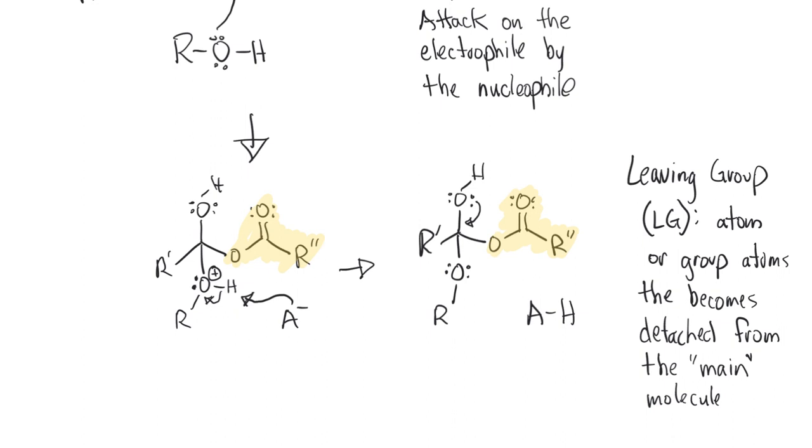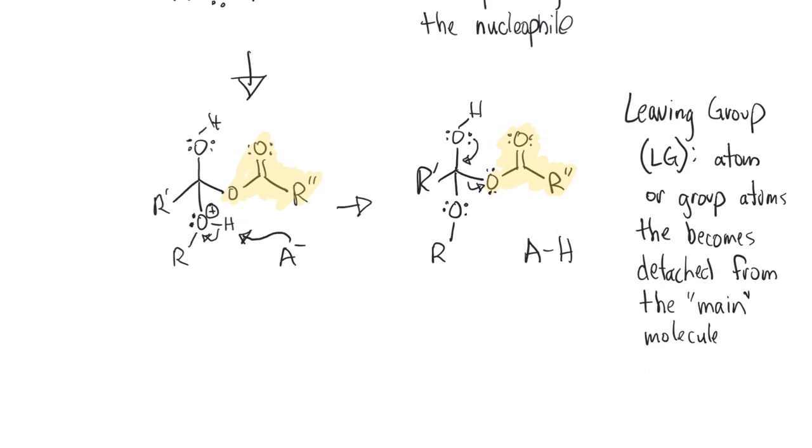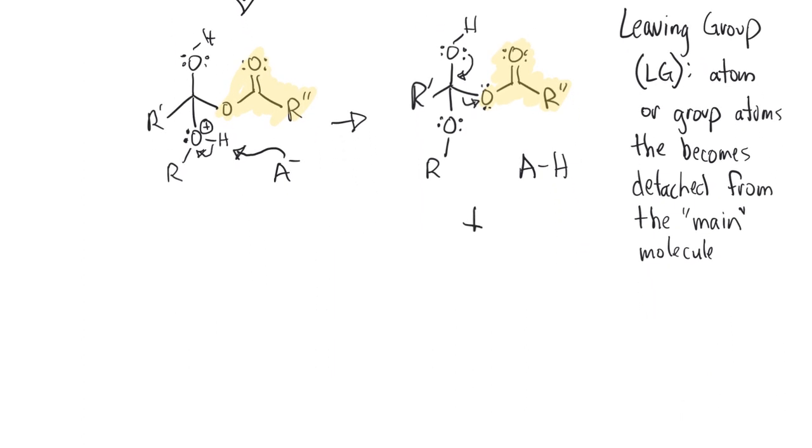This oxygen right here has two lone pairs. This bond right here is going to break, and it's going to jump onto this oxygen. So now we have our R prime connected with our R.